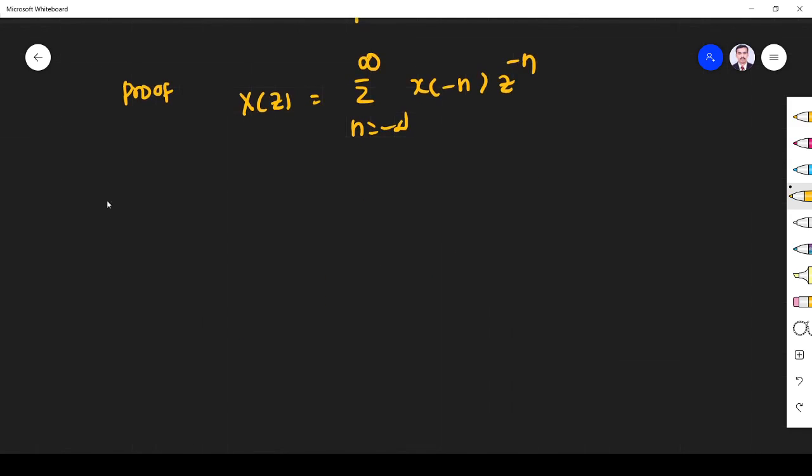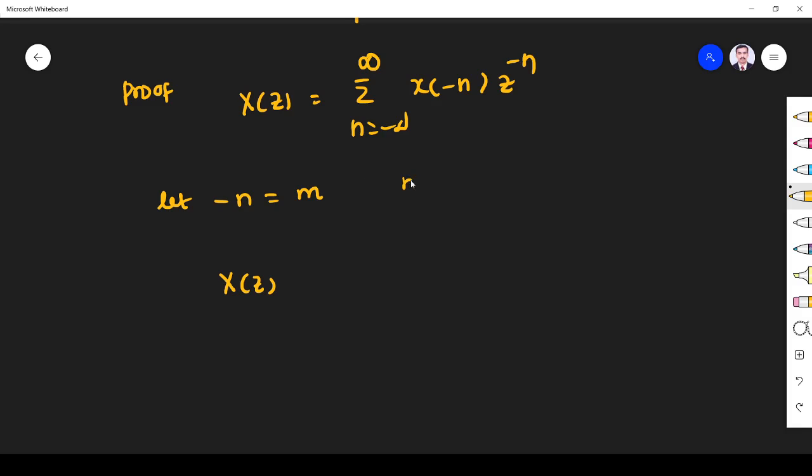What I am going to do is substitute for minus n, because I have the Z transform equation for plus n only. So let me substitute minus n is equal to m. Wherever I find minus n, I have to replace it with m. Now n goes from minus infinity to plus infinity.